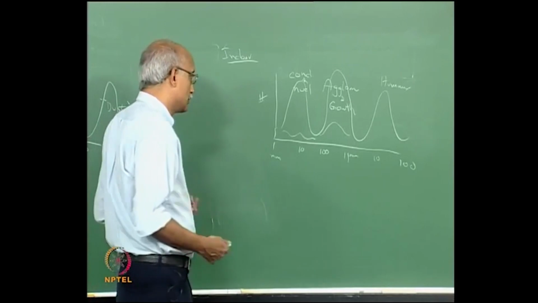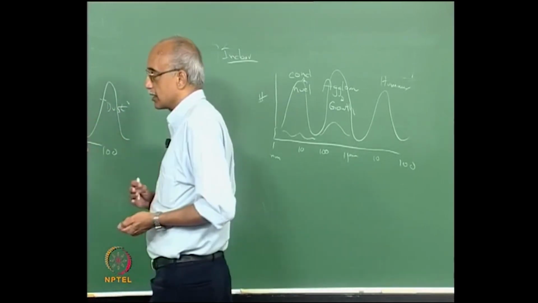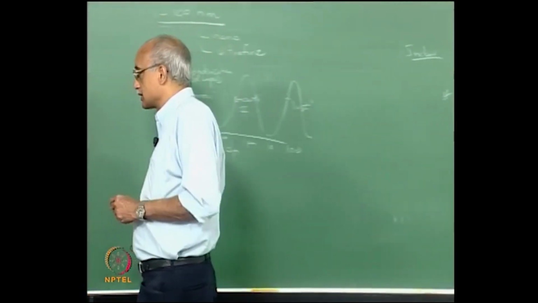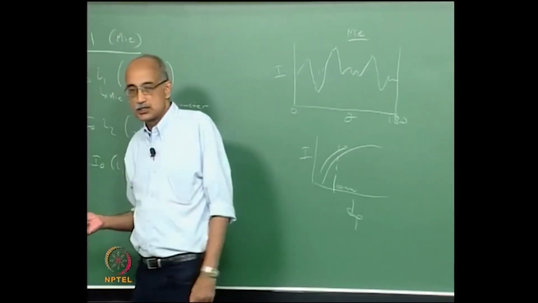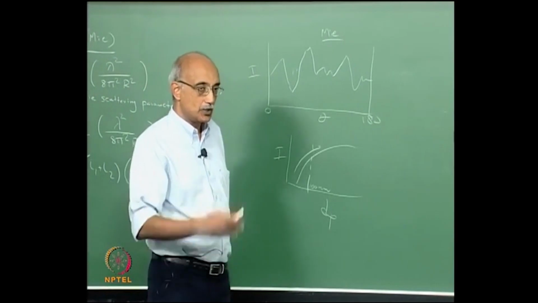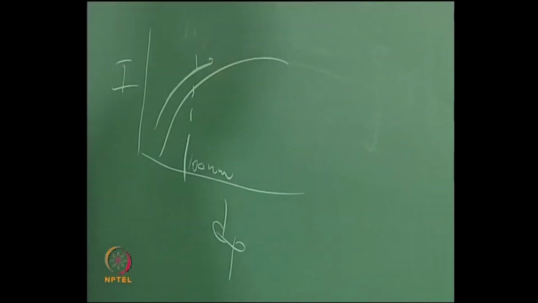Again, it goes back to the problem that we started talking about earlier. Given that there is this steep fall in scattering intensity as the size drops below 100 nanometers, how do you measure it?